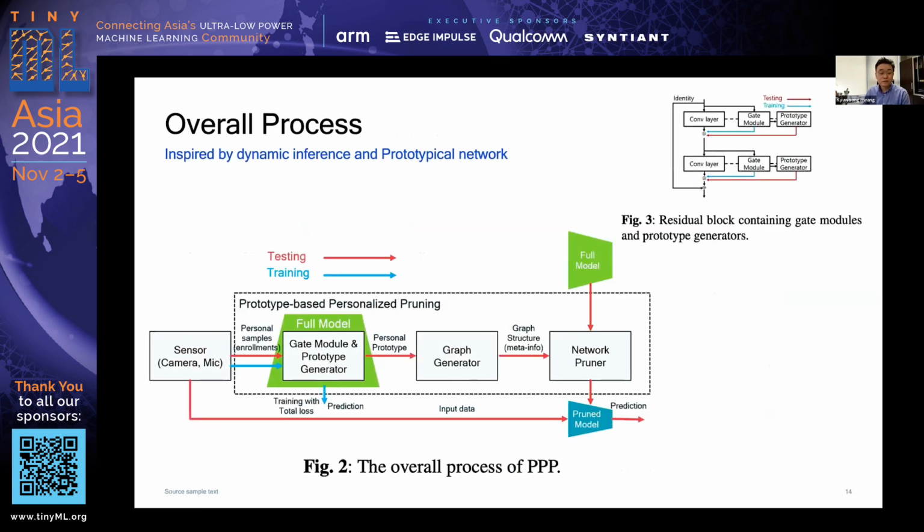The overall process is that we train a gating module, which depends on the input. If there's an input and it goes through the network, those activation values also feed into the gate module, and the gate module determines which parts of the layer, in this case channels, to activate to process this input correctly.